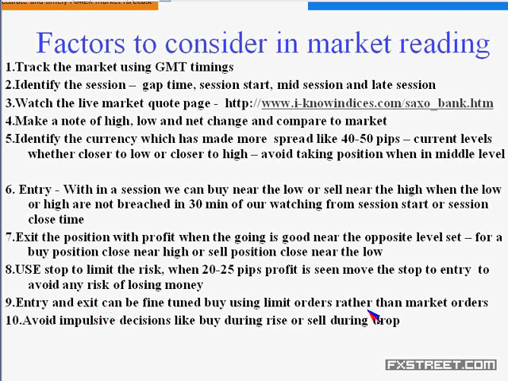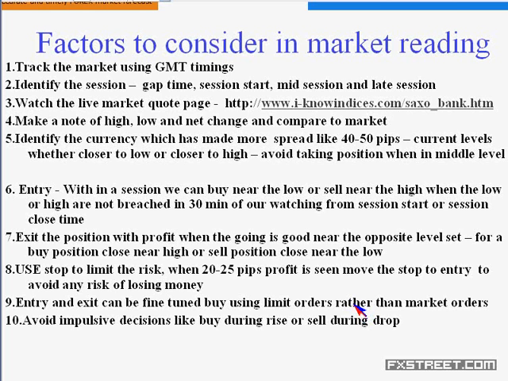The entry and exit can be fine-tuned by keeping a limit order. Suppose I want to buy here at 1.3065, then I can keep a limit buy order at 1.3065 with a 30 pip stop, when the market is around 1.3072. So about 5 to 10 pips below the market, you can keep a buy order, so that when they dip during a small swing, you will be able to take an entry at the lowest level of that particular swing.